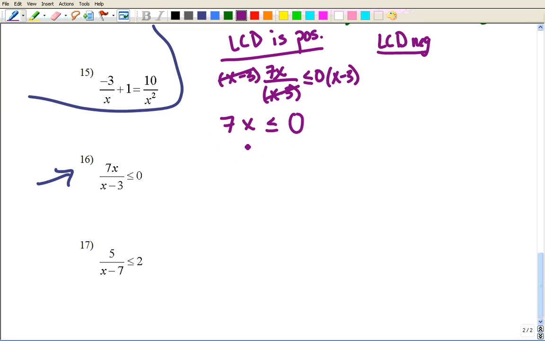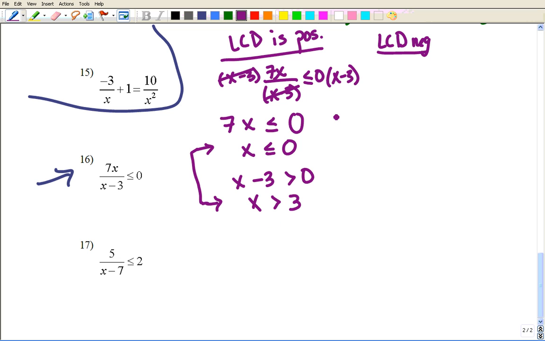And then whenever I divide by 7, I'll get x is less than or equal to 0. But we're not done. That's just the first part. We said that x minus 3 is positive, so that means it's bigger than 0. So if I set that greater than 0 and I solve, I'll get x is greater than 3.